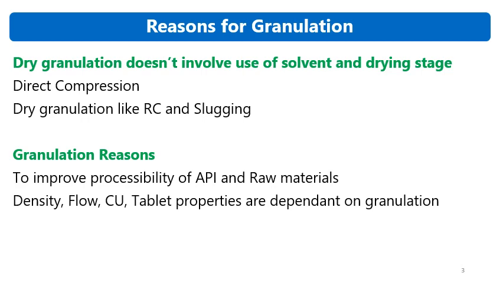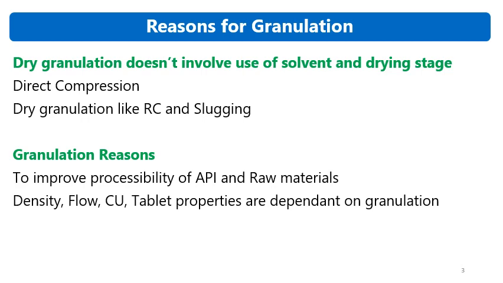So dry granulation has the advantage that it doesn't involve the use of solvents, and also because of that the drying stage is not there. So direct compression and dry granulation like RC and slugging are the preferred techniques for tablets and capsules. Generally the granules are prepared to have the processability of API and raw materials.